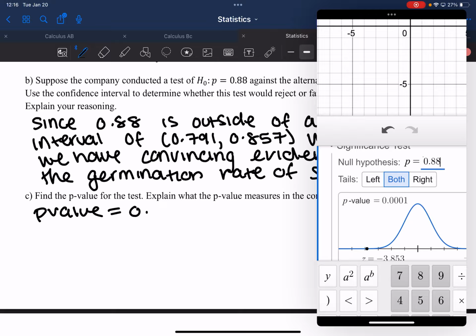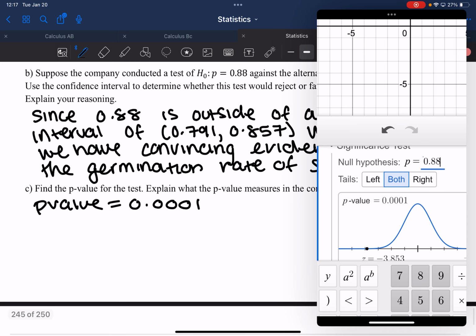And we see that our p-value is equal to 0.0001. And remember, p-value is the probability that this will happen. So is this a good probability or a bad probability? Bad, right? It's saying you have a 0.01% chance of something like this happening, which is a very, very small percentage, okay?